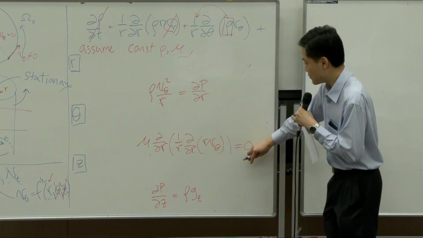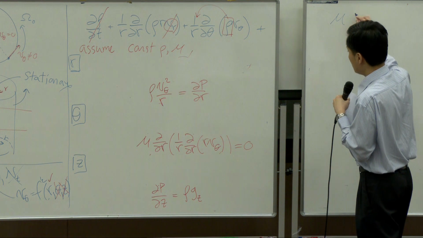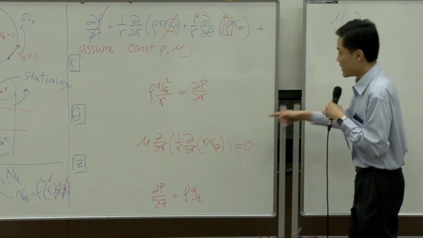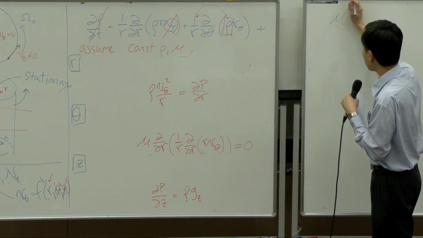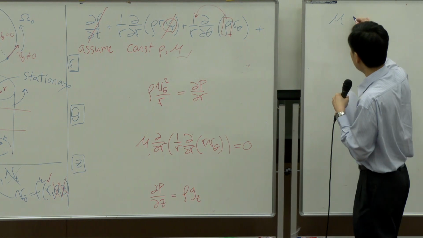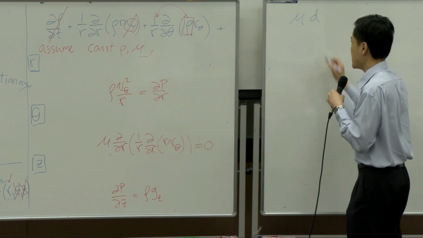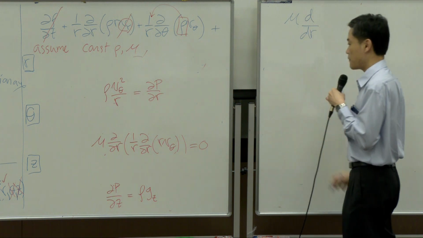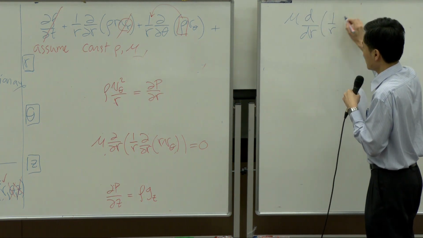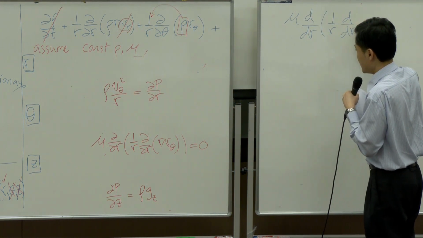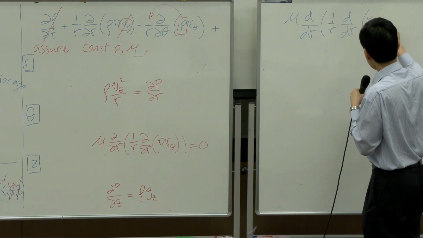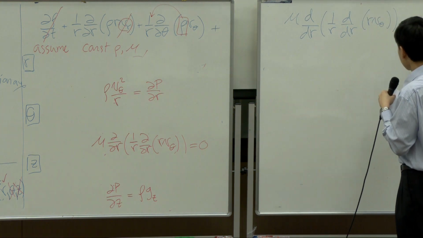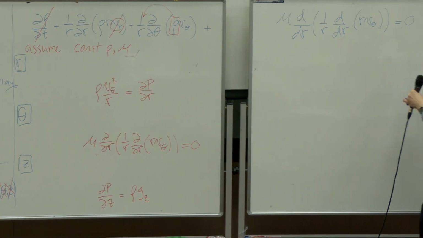So using this equation would be easier to find V theta. So I'm going to pick this one, mu. And V theta itself is a function of R only. So I can replace partial differentiation by total differentiation. So I will have this instead. Okay?